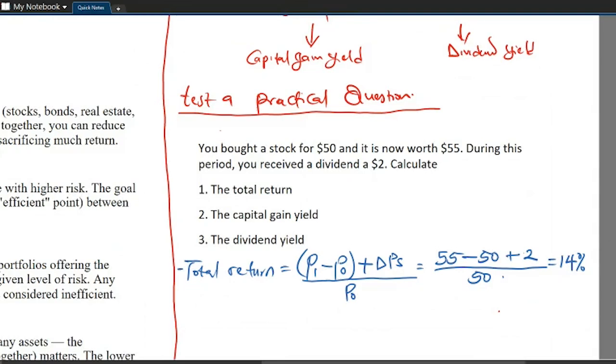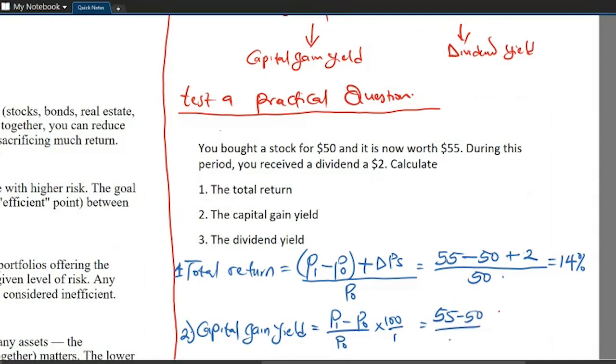That's for 1. For number 2, we have to calculate the capital gain yield. The capital gain yield is P1 minus P0 over P0, everything times 100 over 1. So that gives 55 minus 50 over 50 times 100 over 1.